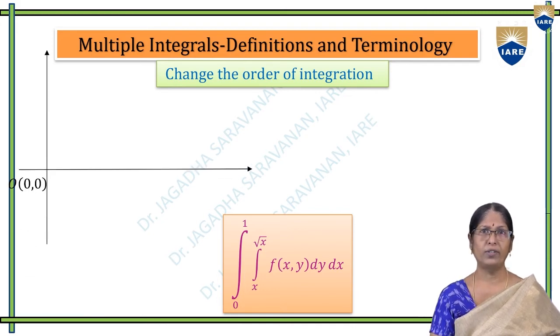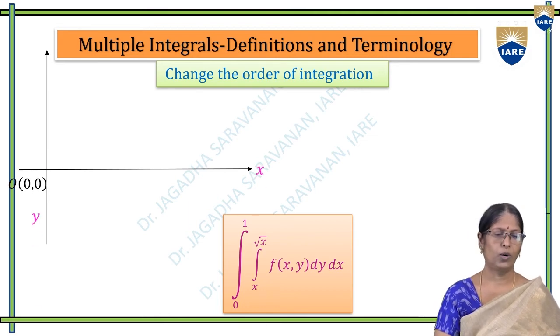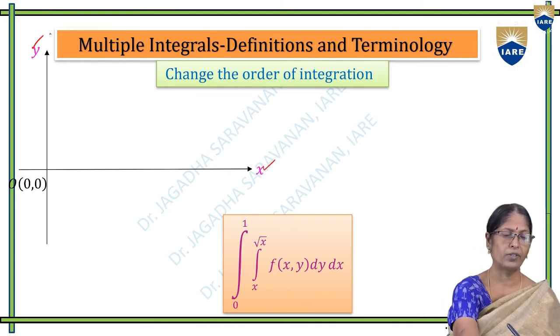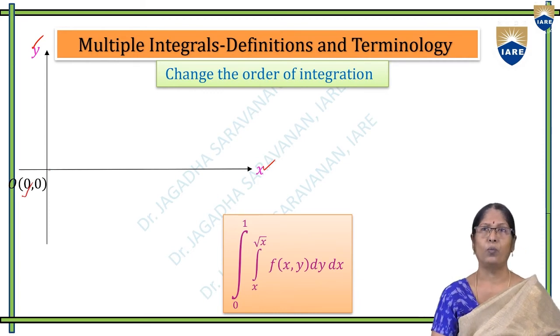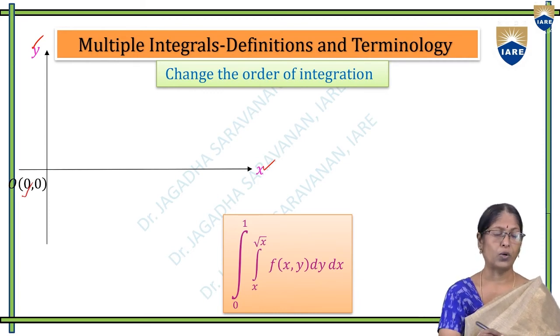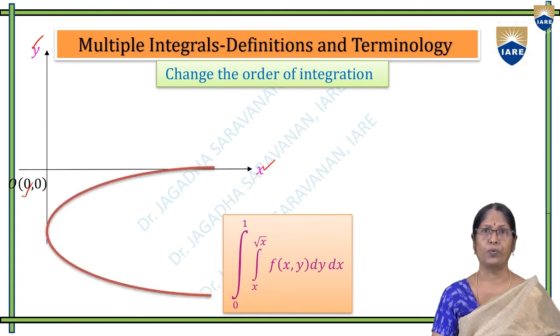So we can notice here the animated diagram in two dimensions. We can see the coordinate system x and y, and the origin we named O, with coordinates 0, 0.